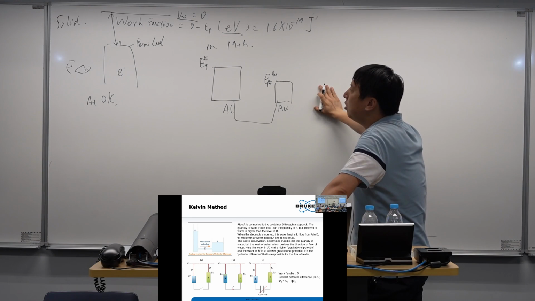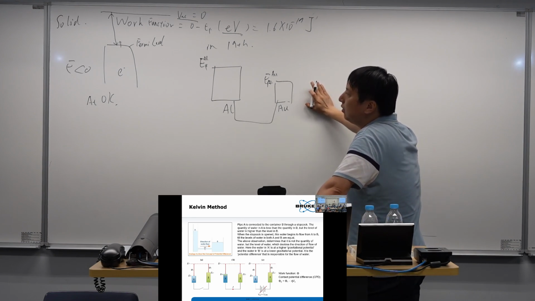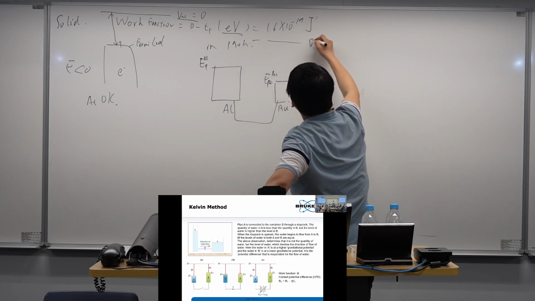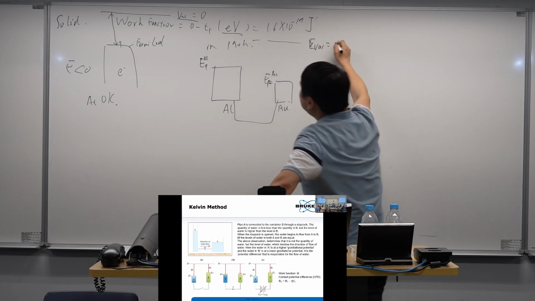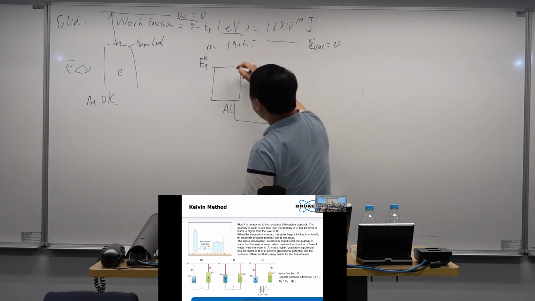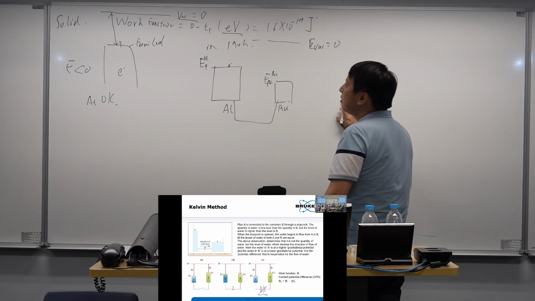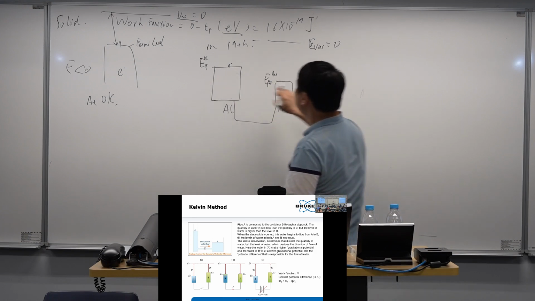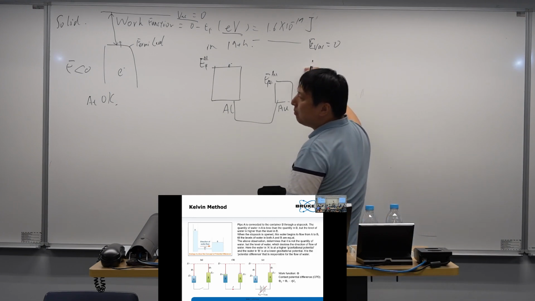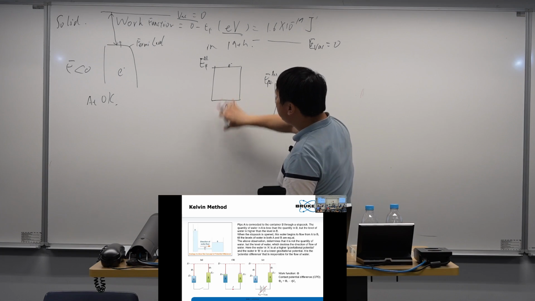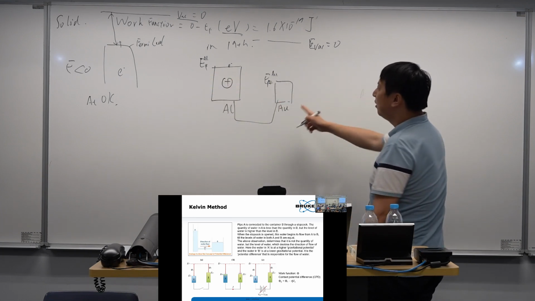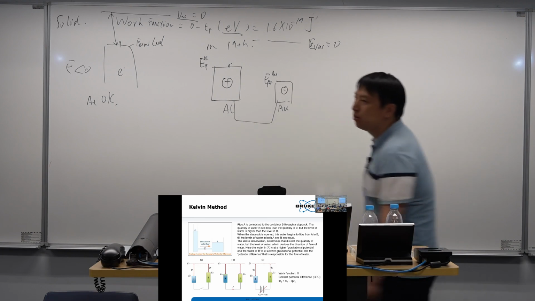So once we connect these two metals, Sir Kelvin found there is a potential difference. But of course, today we know this is due to the difference of the Fermi level or the work function. Once we connect these two metals, the electrons will go from the higher Fermi level to the lower Fermi level. As such, it will make the aluminum positively charged and the gold negatively charged.